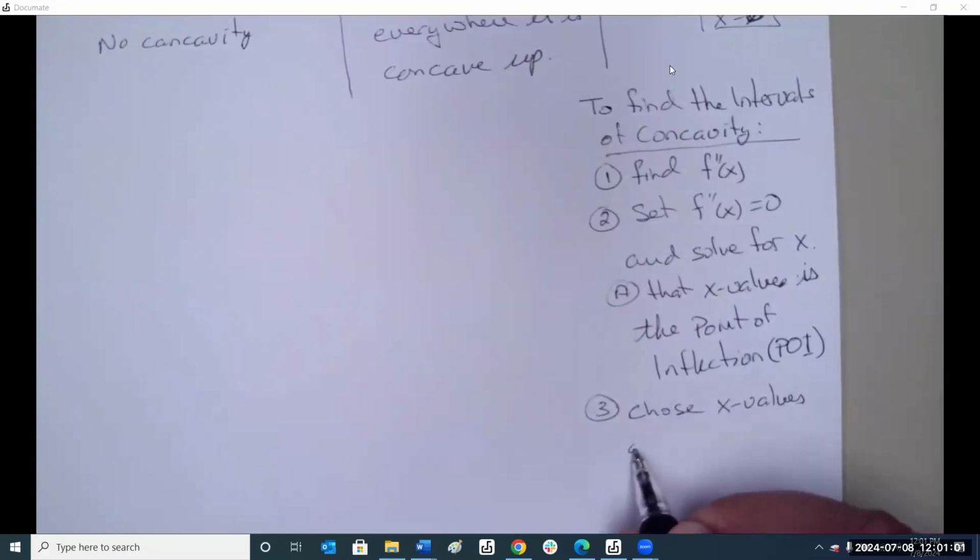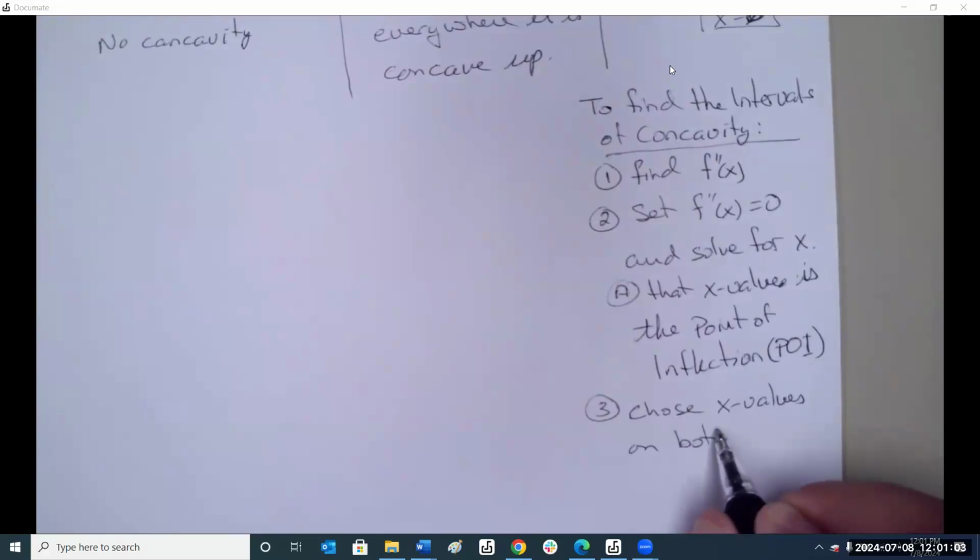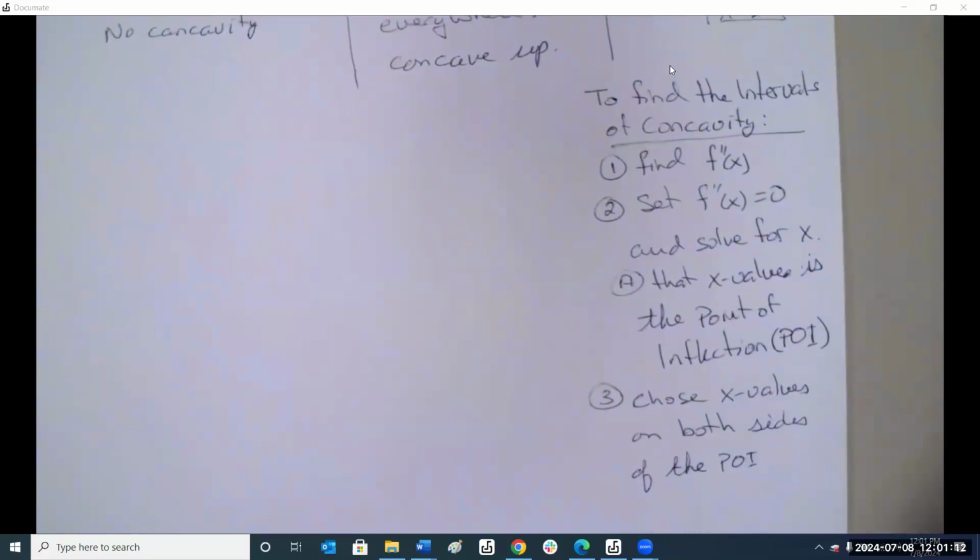Step 3: Choose x values on both sides of the POI and plug them into the second derivative.